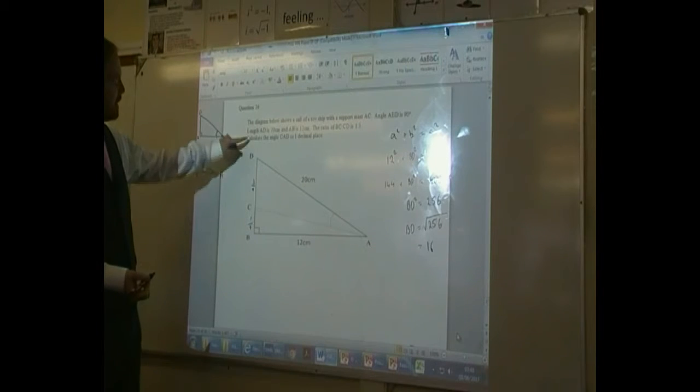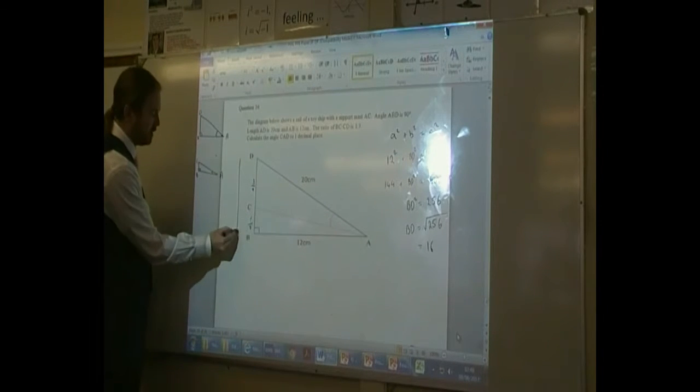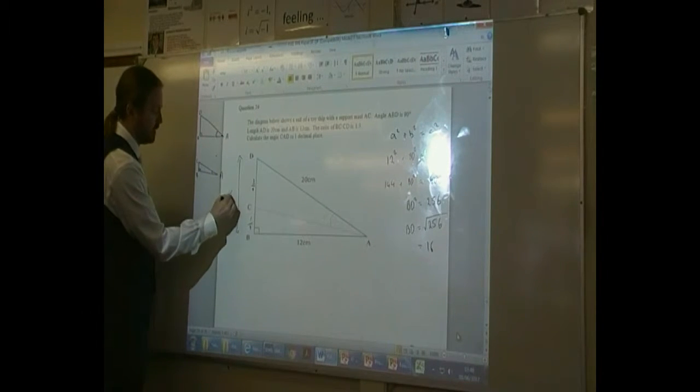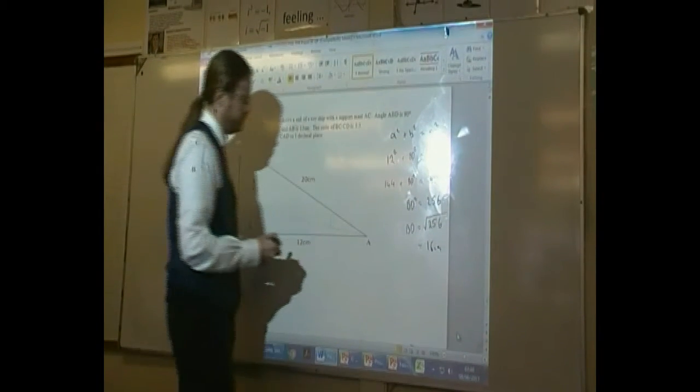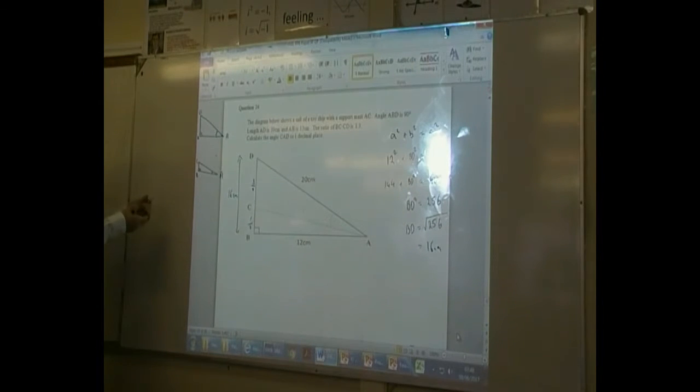Okay, so that means that BD, that whole length there, is 16 centimetres. I'm going to add that onto my little diagram up here. So I'll put on the measurements that I know. So I know that is 12, I know that is 12, I know that's 20, I don't know that length, and I know that this is 16. And BC is 1/4 of that, and 1/4 of 16 is 4.